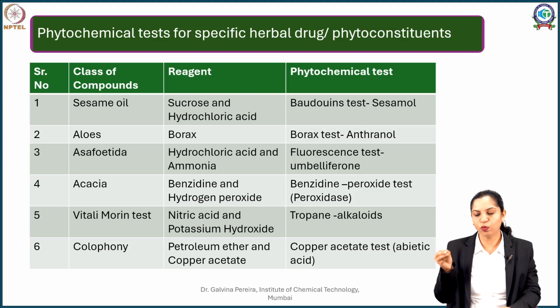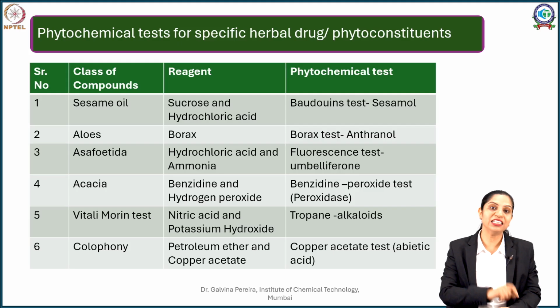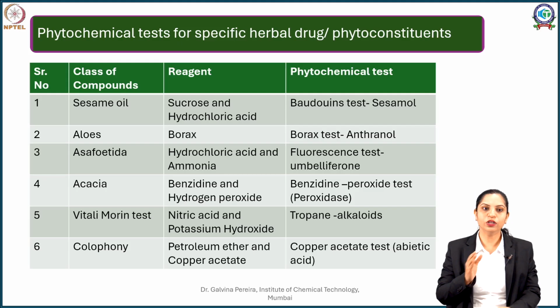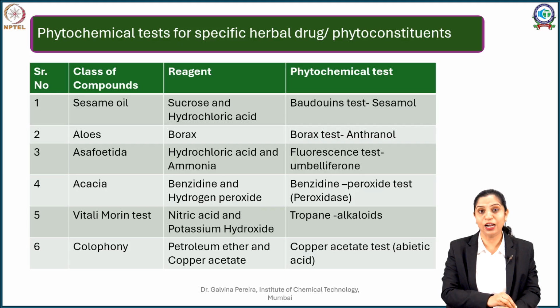If you recollect, in the borax test aloes was initially boiled in water, filtered, and to that filtrate a little bit of borax was added and heated. Later, when you put this solution under UV, you got a greenish fluorescence. Now, this test is not going to be answered by all anthraquinones. So, this is a more specific test for aloes.